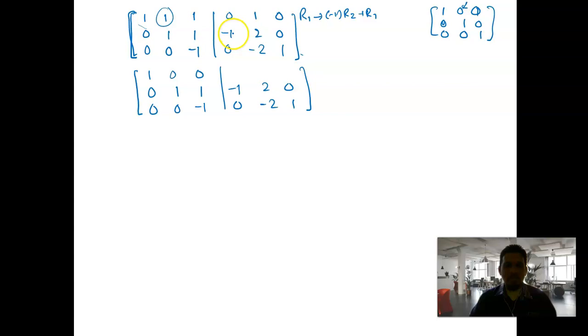Negative 1 times negative 1 equals 1, plus 0 equals 1. Negative 1 times 2 equals negative 2, plus 1 equals negative 1, and 0, 0, 0. Okay. 1, 0, 0, 1.